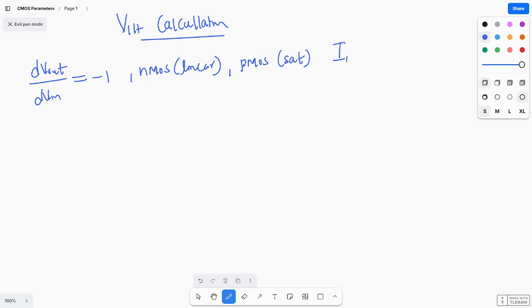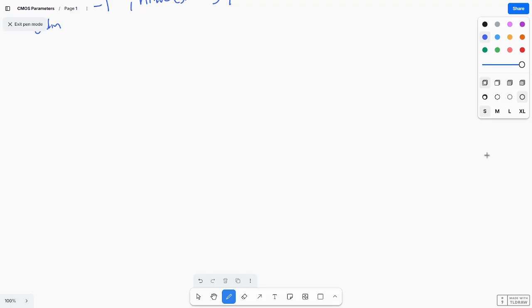And you have IDN linear equal to IDP saturation.